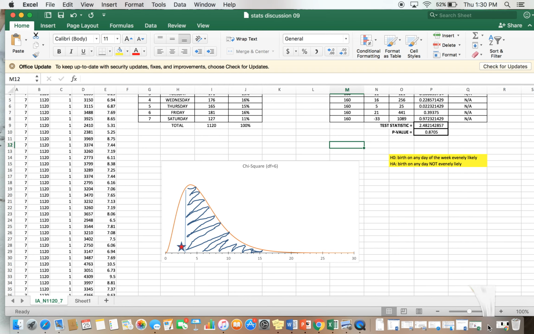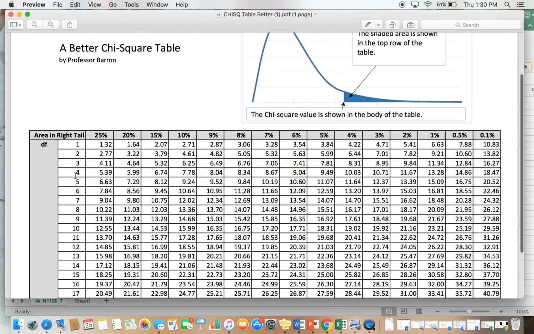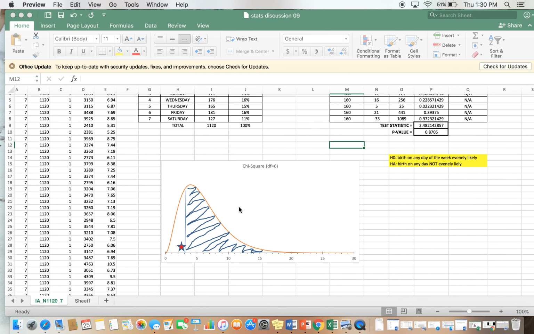And then just to double check that, I go to our chi table and I get to 6 degrees of freedom, and then 7.84 would be 25%, so then we come here and we would look up where 7.84 would be, and that would be 25%. So we have much greater than 25% even over here at 2.48.